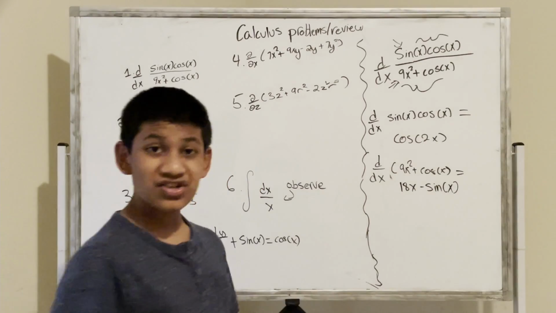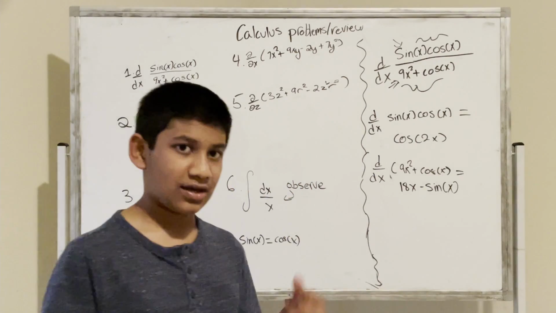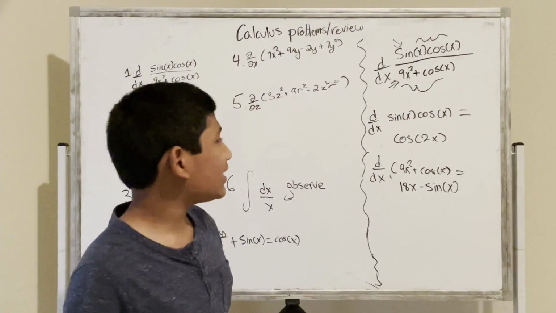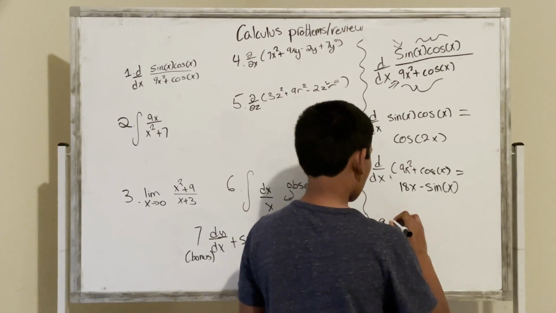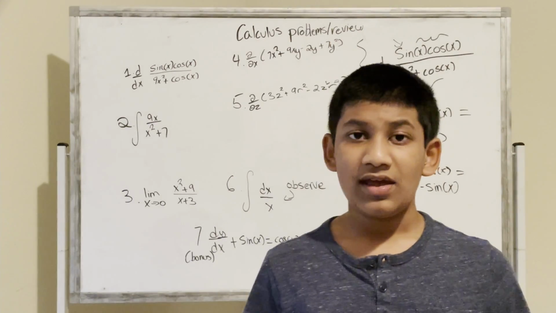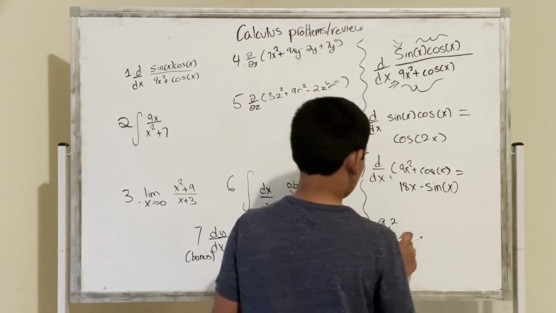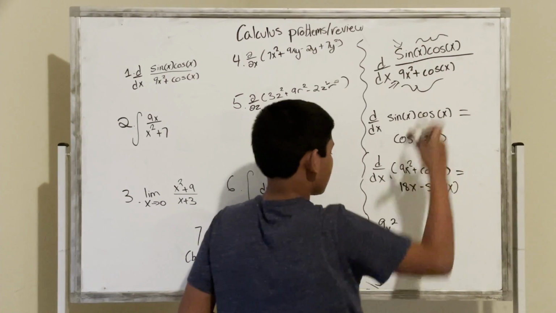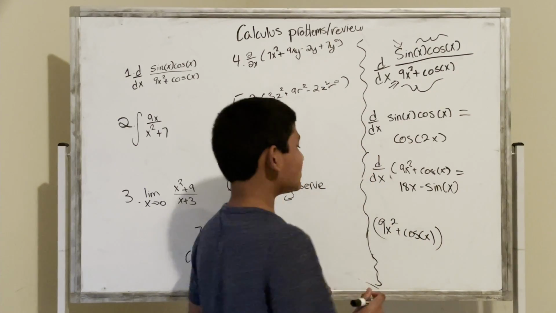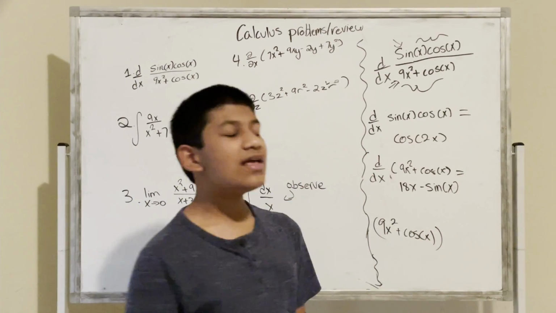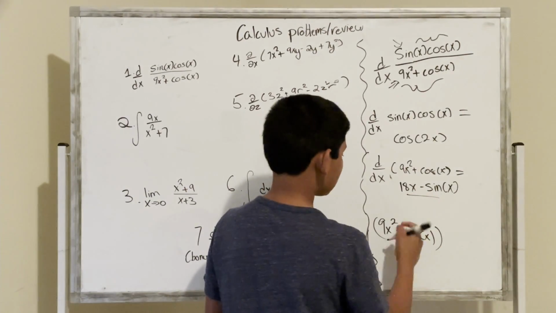Now we can just do the organization. For the quotient rule, we first drag this up. So we have 9x squared plus cosine of x, and it doesn't matter what order you do it in, because of the commutative property of addition. Instead of using the formula, we can just use common sense here. Is this taking the derivative of something? No. We took the derivative of this and we got this. This is not anything like this.